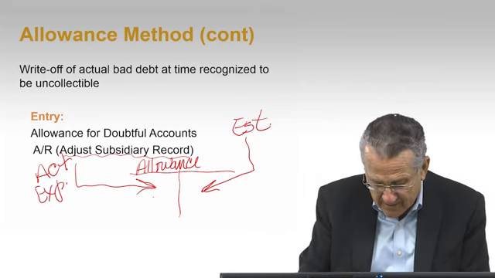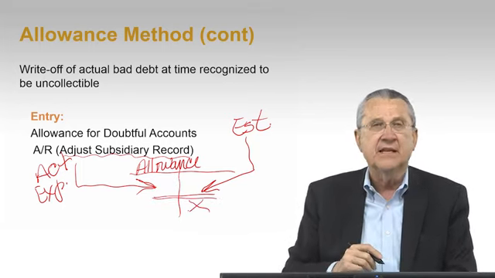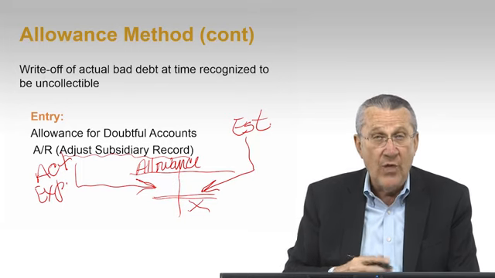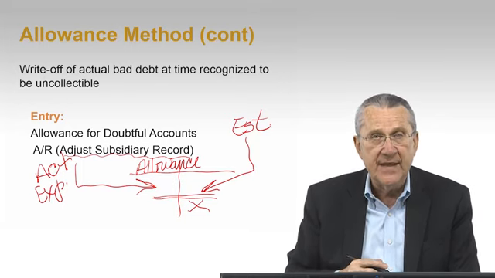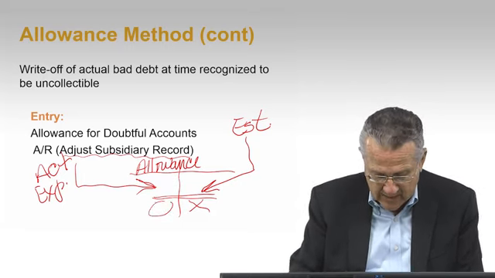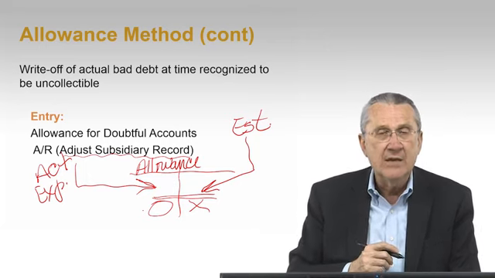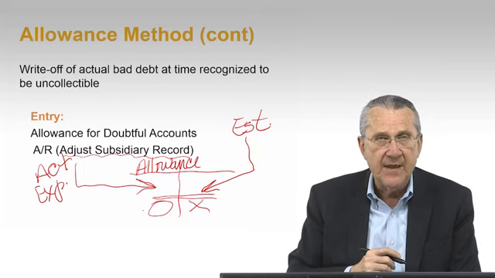And at the end of the year, if we have a debit balance left in the account, then we will know that we overestimated our bad debt experience. And if we have a credit balance in the account, then we know that we underestimated our actual bad debt experience.